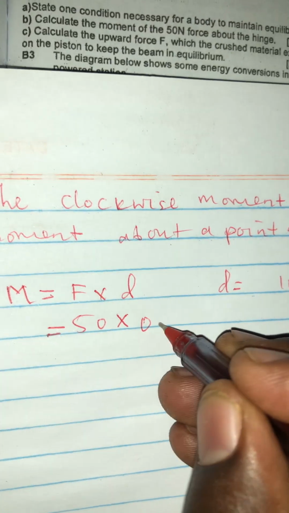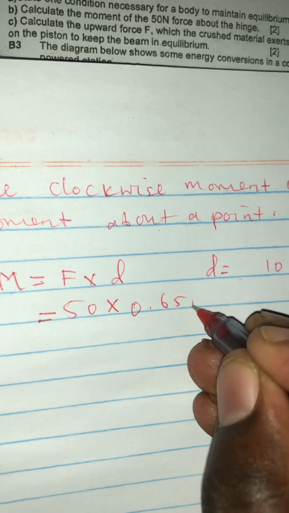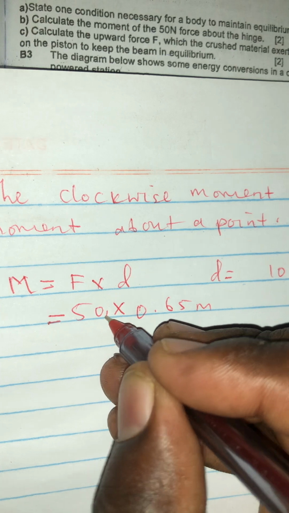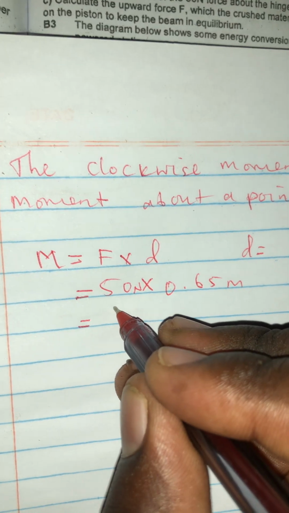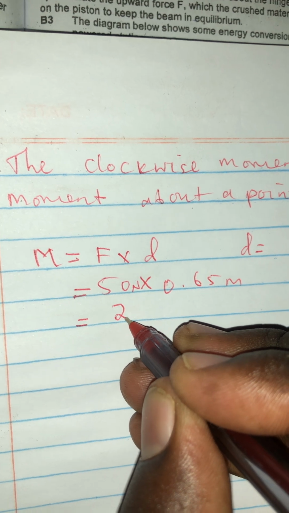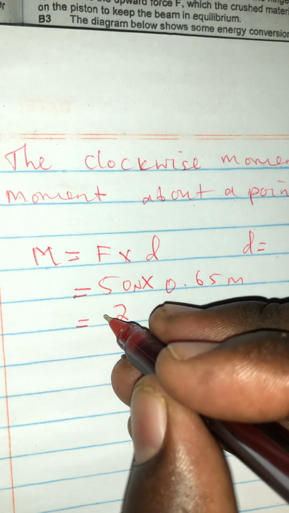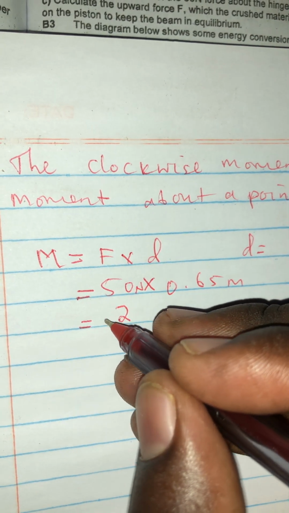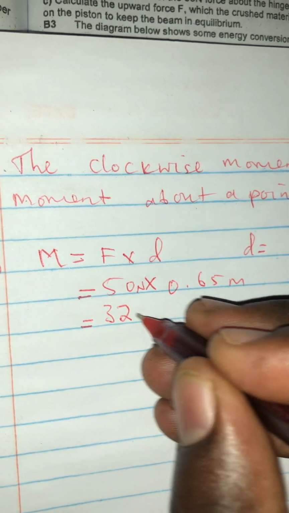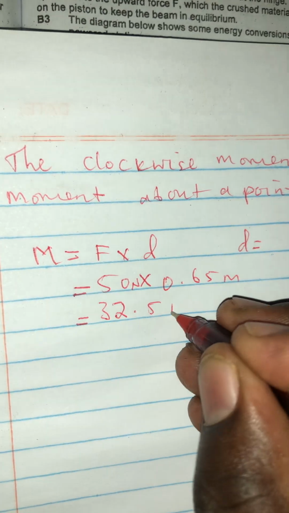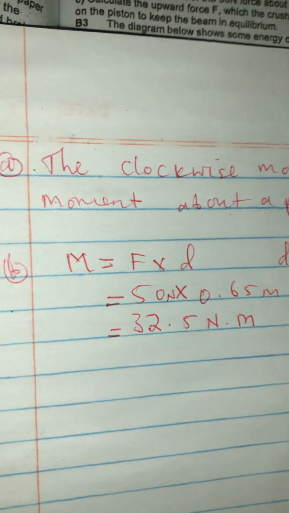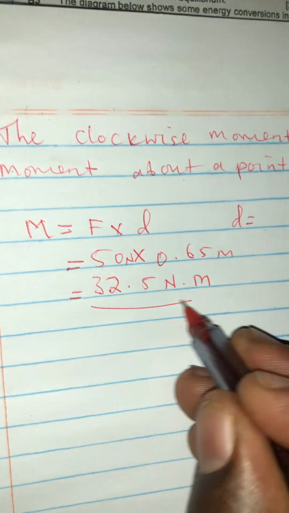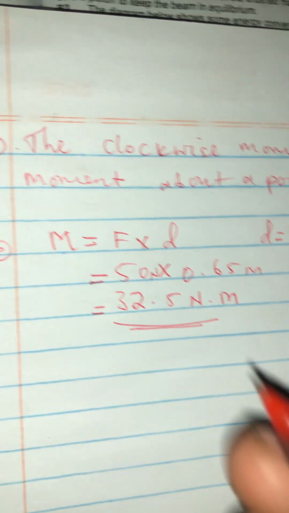So this is the perpendicular distance. You put your 0.65 meters here, and this one is Newton. When you multiply, you are going to have 32.5 Newton meter. Okay, so this was the moment.